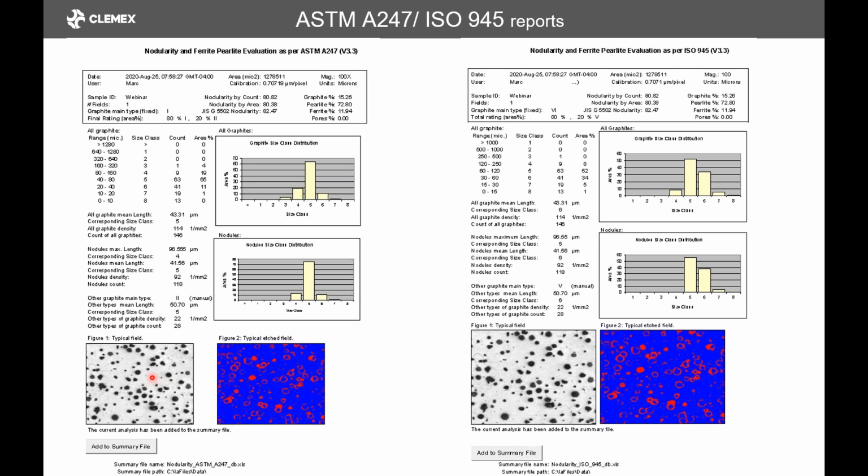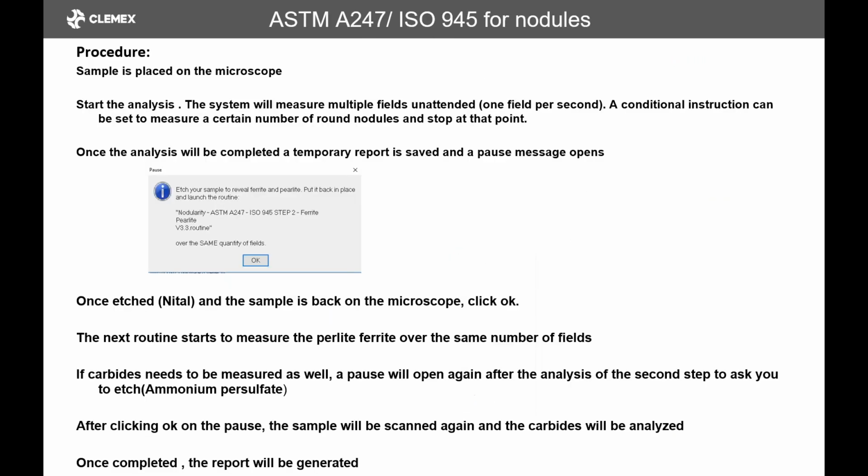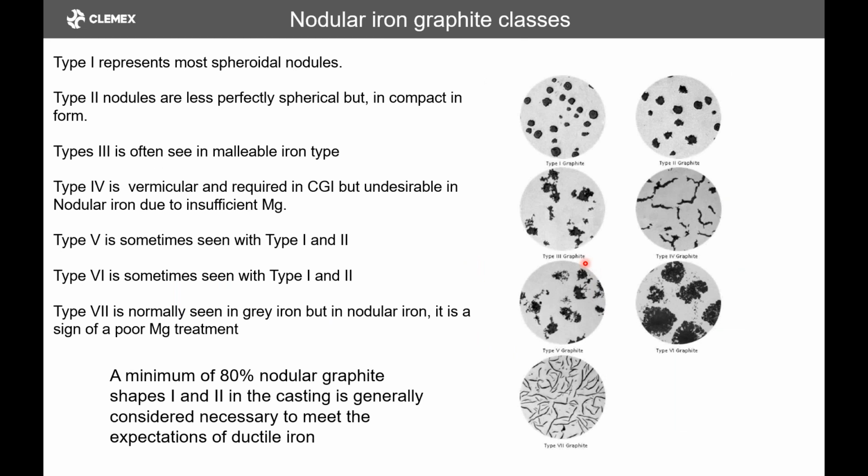And you have some typical images here. Now, just to show you the difference with ISO 945, it's exactly the same principle. The difference is that if I just go back here, what is graphite 1 here and graphite 7 here in 247? It's the opposite.